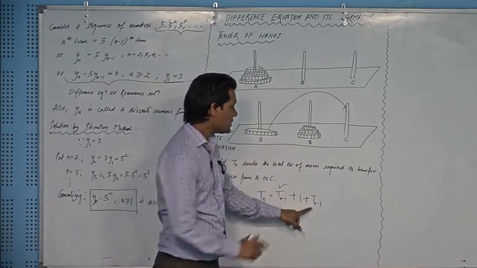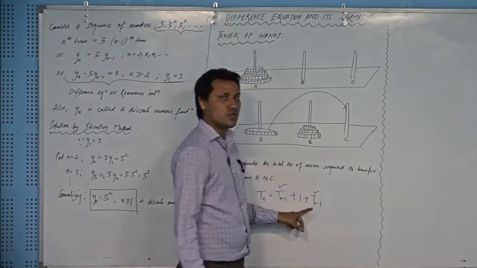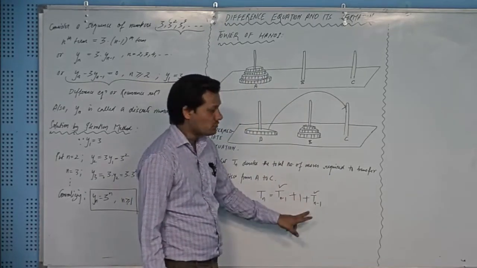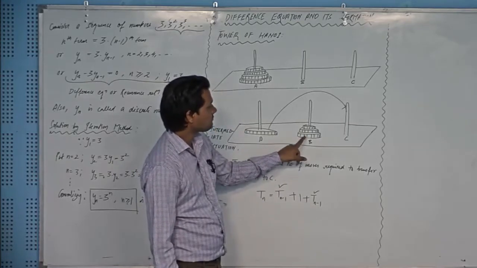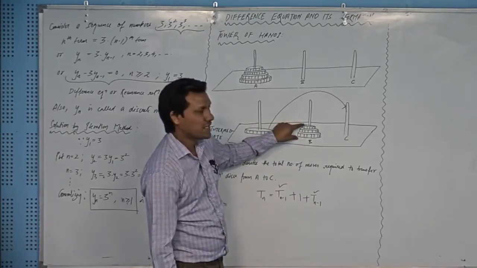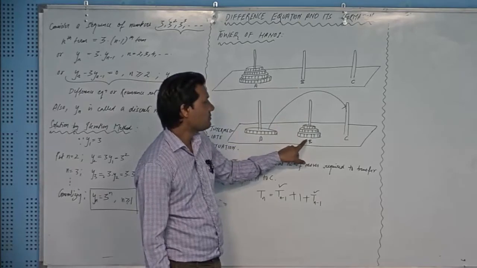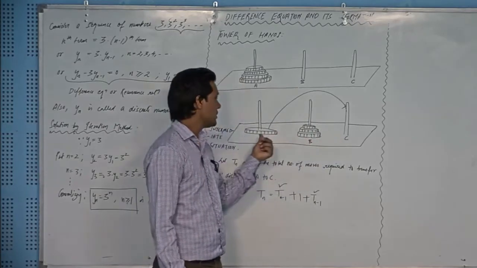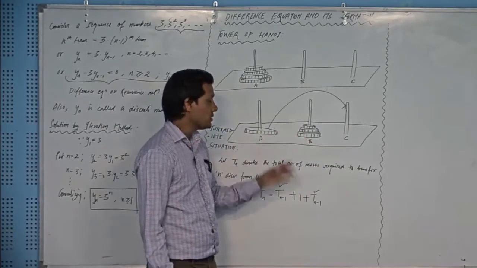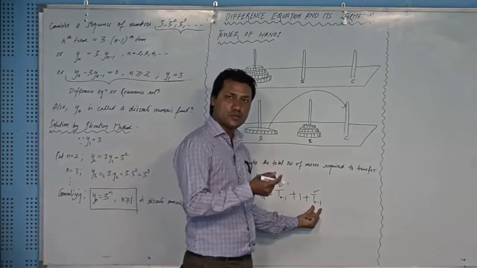And this Tn minus 1 is the number of steps required to shift these n minus 1 disks from peg B to peg C using peg A also. So this is a solution for sub problem number 2, right?